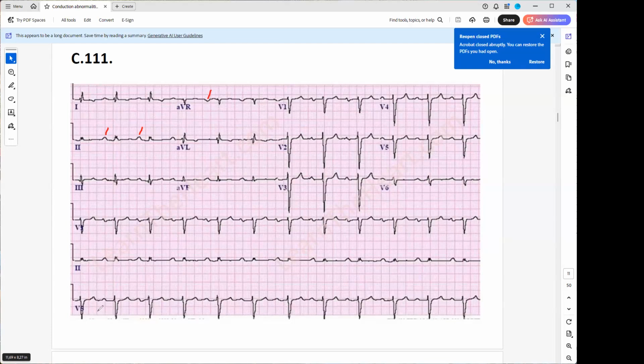So the heart rate is within normal range. And then I looked at the axis and I used the quadrant approach. We can see in lead 1 it's positive, and in lead AVF it's also positive. So it's a normal axis.